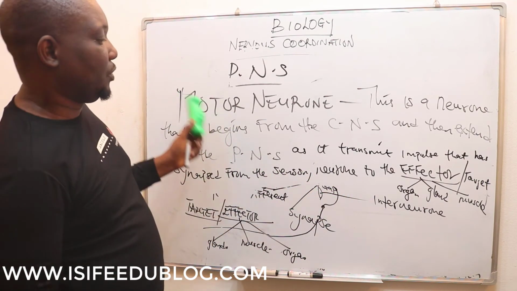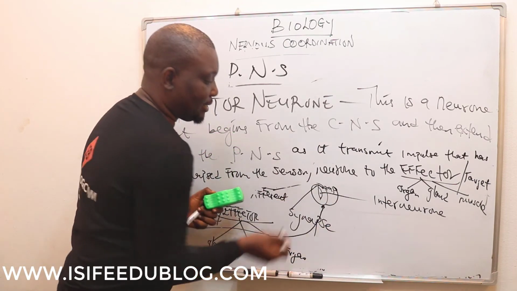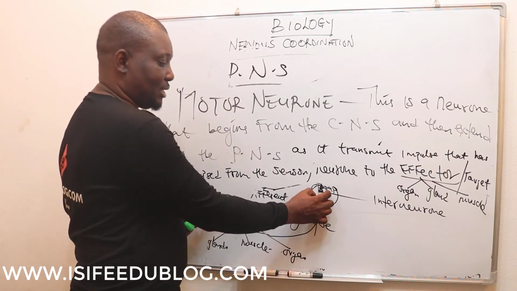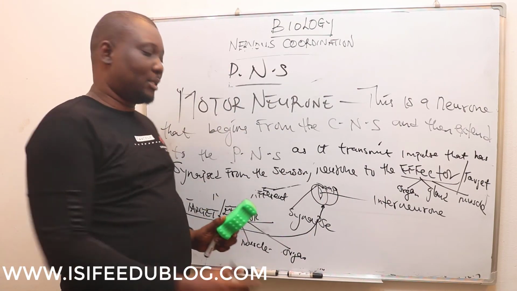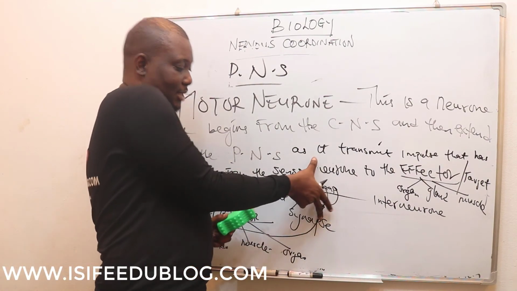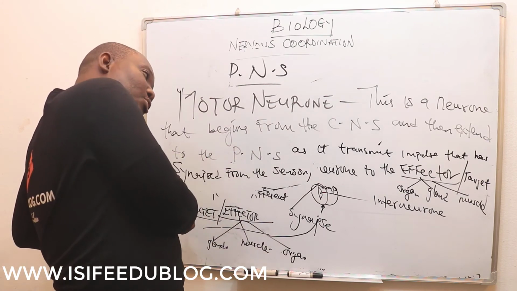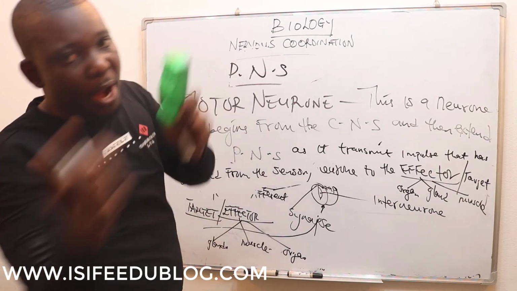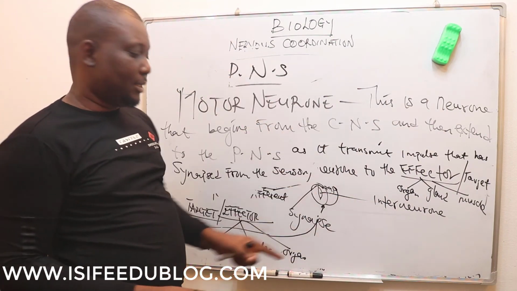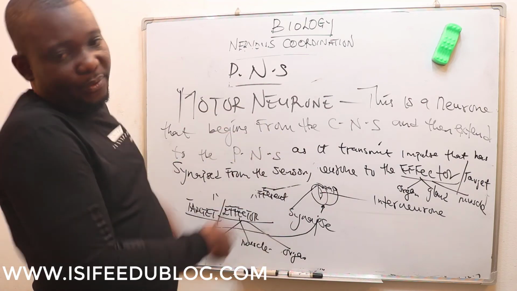The last type of neuron is the neuron that resides only in the CNS. It is not part of the PNS. It is only seen in the CNS. Its function is to relay or connect the sensory neuron with the what? Motor neuron. The sensory neuron moves impulses away from the receptor to the CNS, and then the motor neuron moves impulses to the effector.